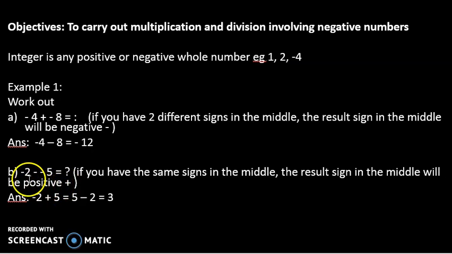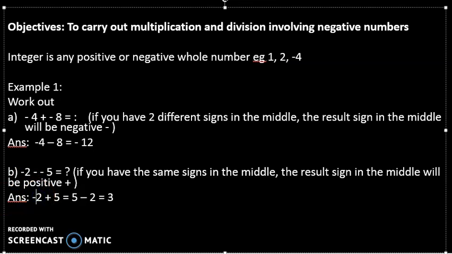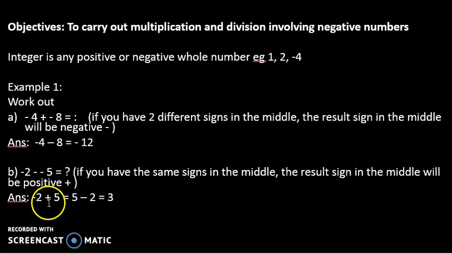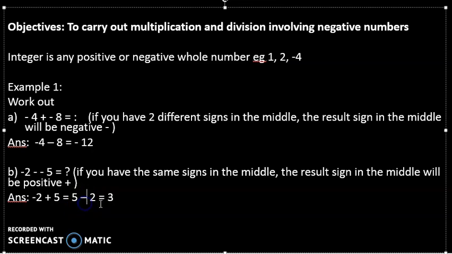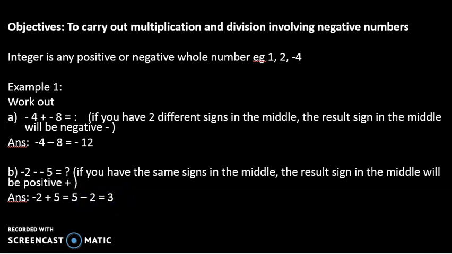So I'll have negative 2, because the negative is still outside, plus, because a minus and a minus gives a positive, 5. That is the same as having a 5, because it is bigger than the negative 2, then minus 2, being equal to 3.